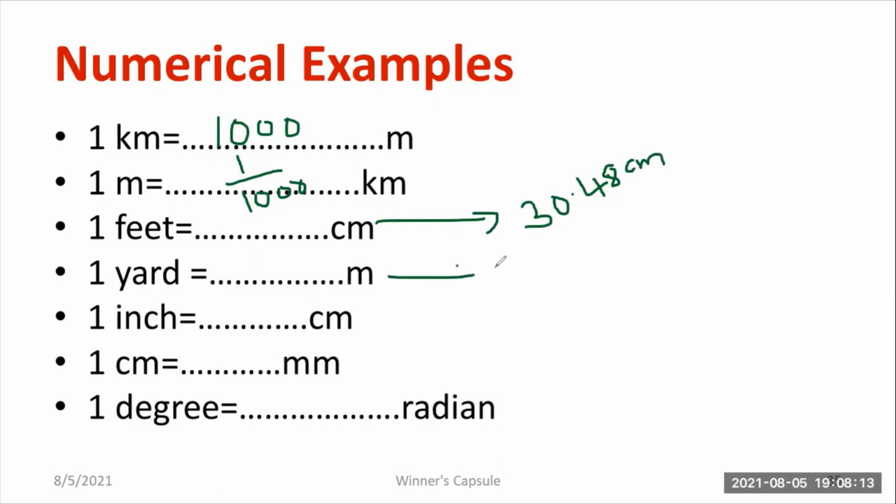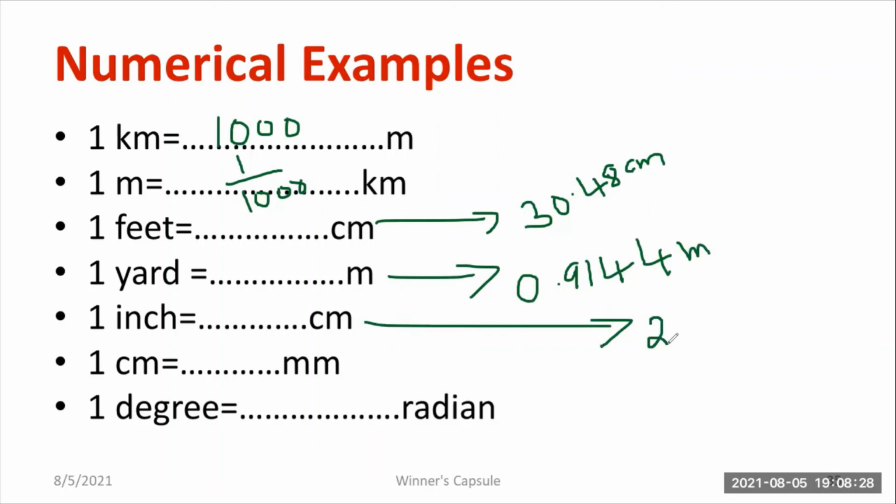1 yard is equal to how many meters? 1 yard is equal to 0.9144 meter. 1 inch is equal to 2.54 centimeter. 1 centimeter is equal to 10 millimeter. 1 degree is equal to how many radian?